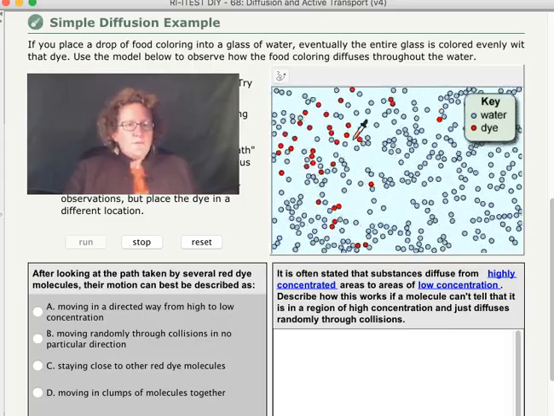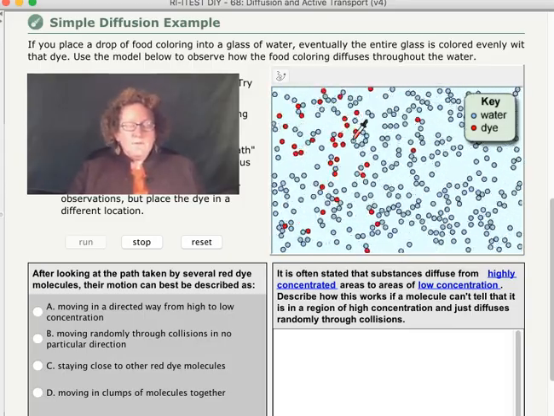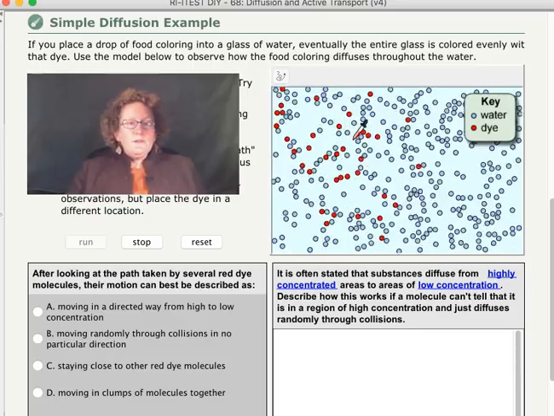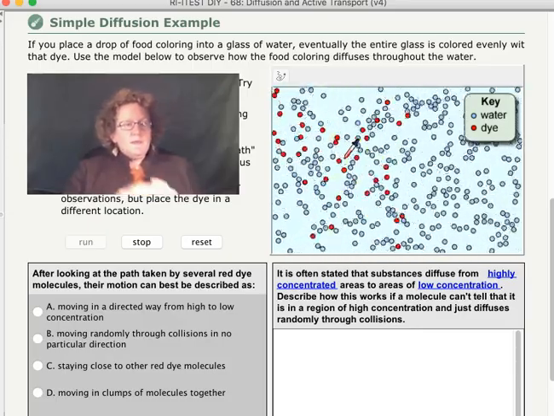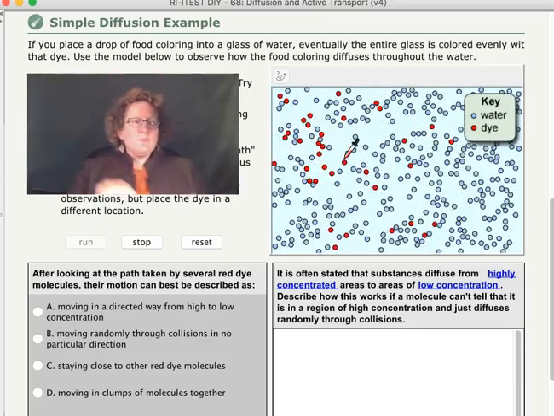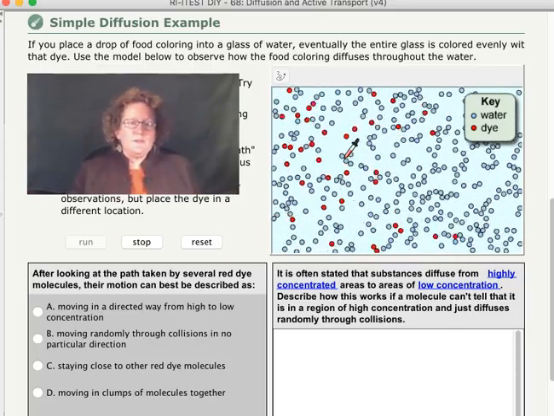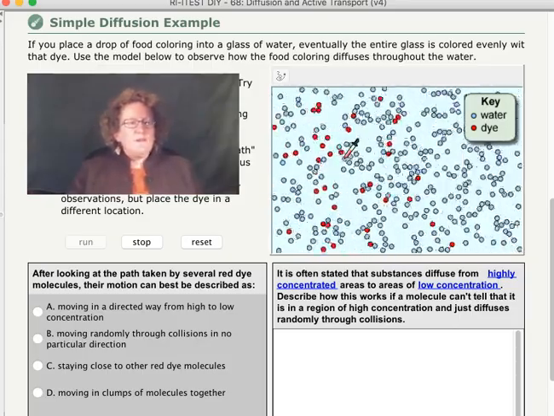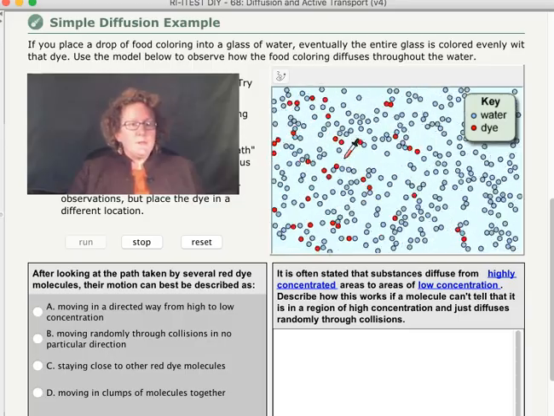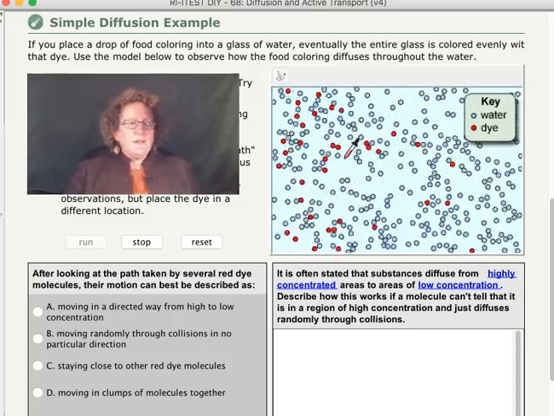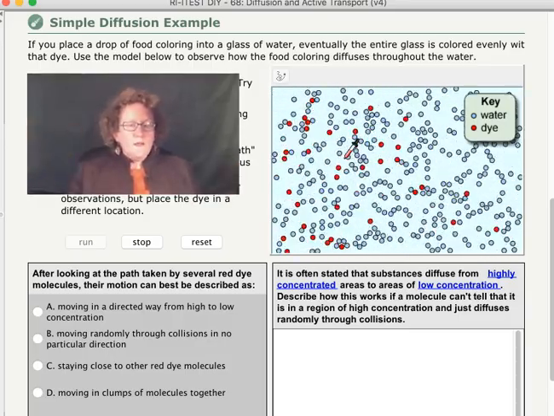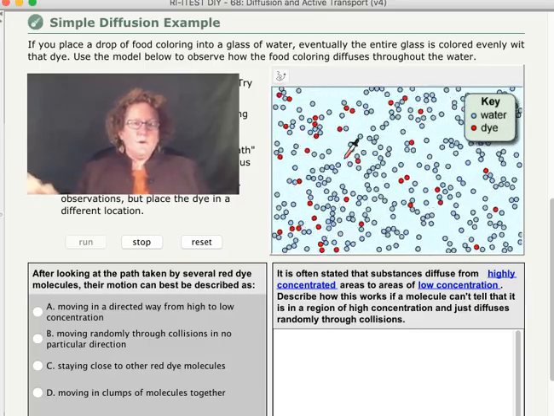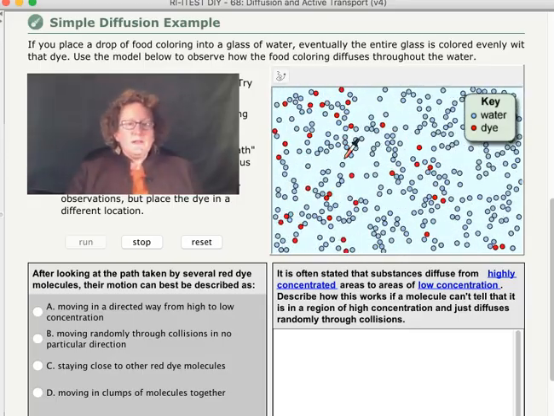If you put a drop of food coloring in a real glass of water, you couldn't see the molecules, but you would see the dye spreading out over time if you didn't stir it. And you might have to leave it there a long time depending on the temperature. But eventually that dye would spread over all of the water and you get a nice uniform color. And that happens because of diffusion.